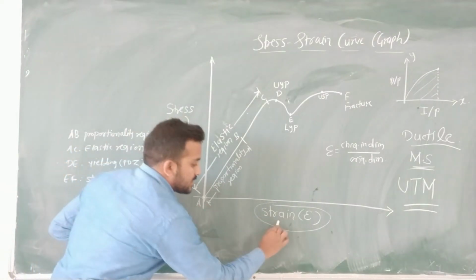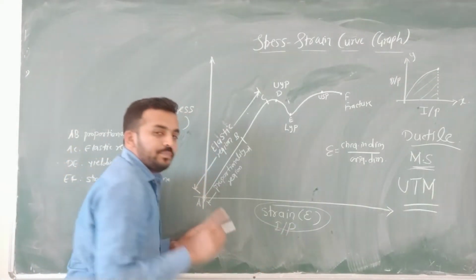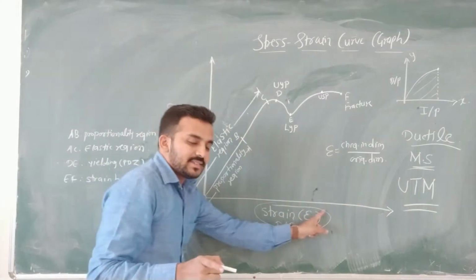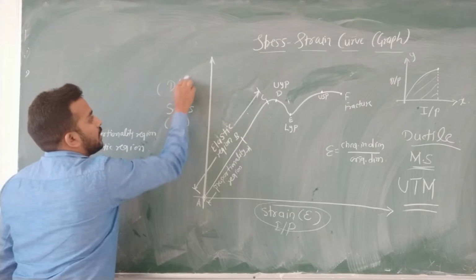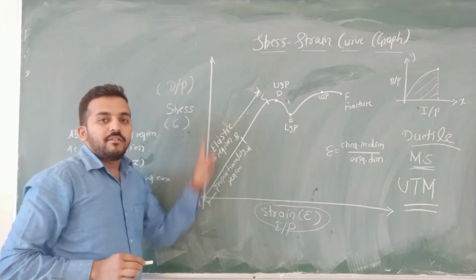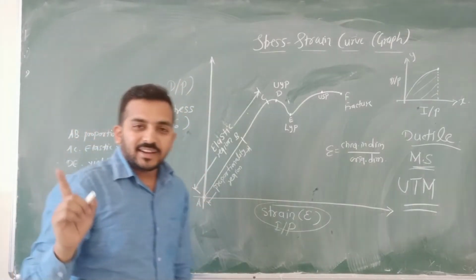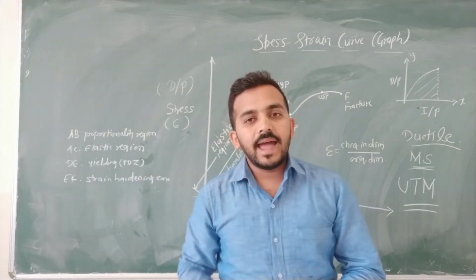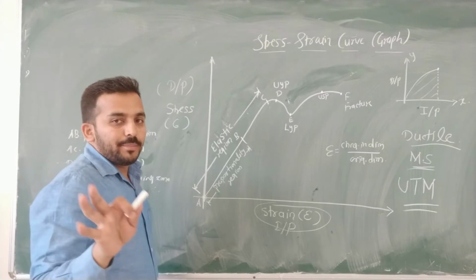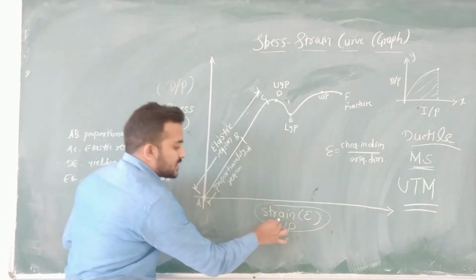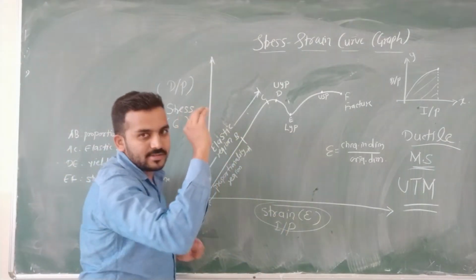Strain is the independent parameter, therefore it is plotted on the x-axis, while stress is the dependent parameter, therefore it is plotted on the y-axis, and we can't interchange the positions. I have seen many times students draw all the curves accurately, but here they write stress, here they write strain. 0 marks.